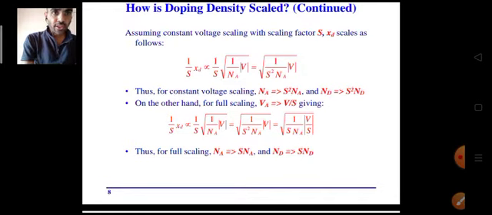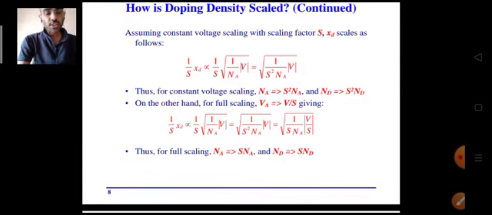So you can write the equation for two different cases. When you are talking about constant voltage scaling, your voltage is not changing, it remains the same. So if you bring the s inside, it will become s square. The thing which is changing is Na only. So for constant voltage scaling, the doping concentration will be scaled by s square.